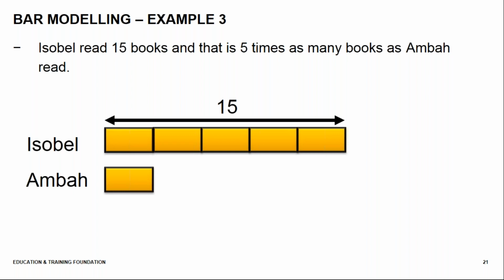Why does the bar modelling have to be orientated to the left or to the right? The reason I would make sure this is aligned, so squared paper is really useful, is because the idea is that they get this sense that if you're doing a question about more than, so if I said to you, how many more books has Isabel read compared to Amber?